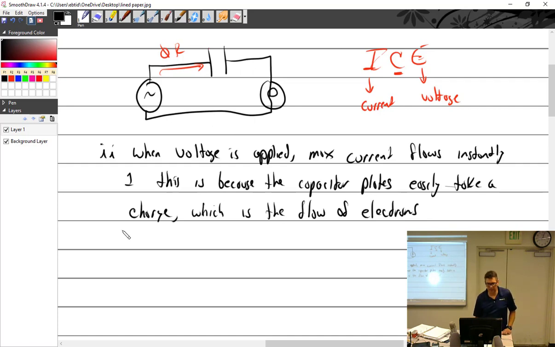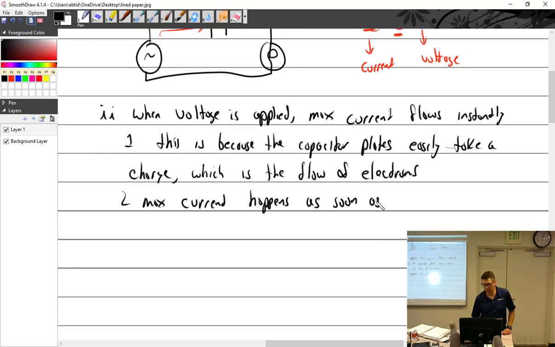So max current happens as soon as voltage moves off of zero. Off of 0 volts.